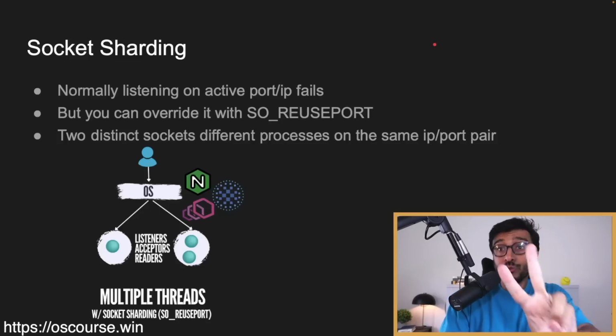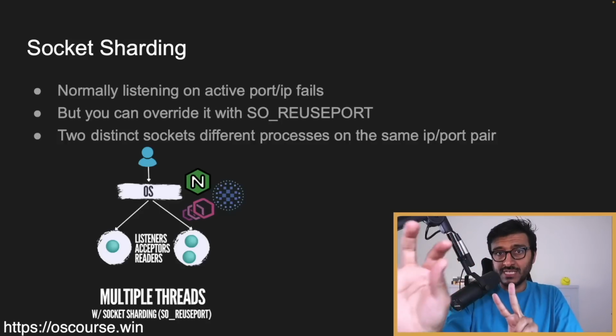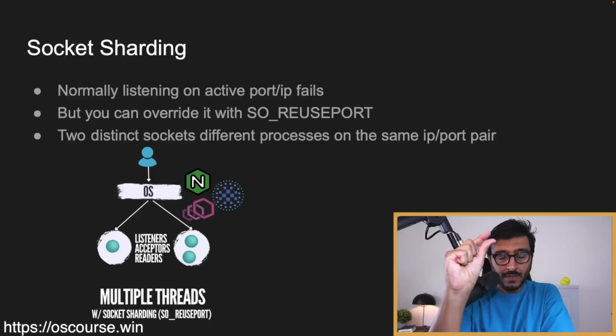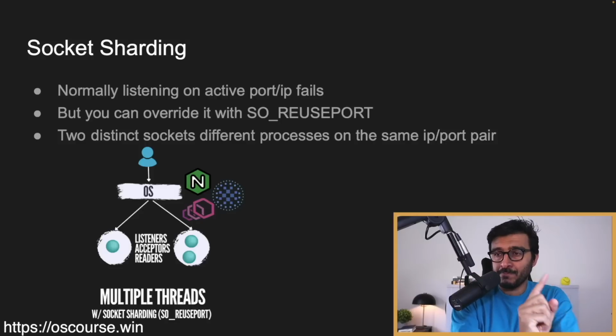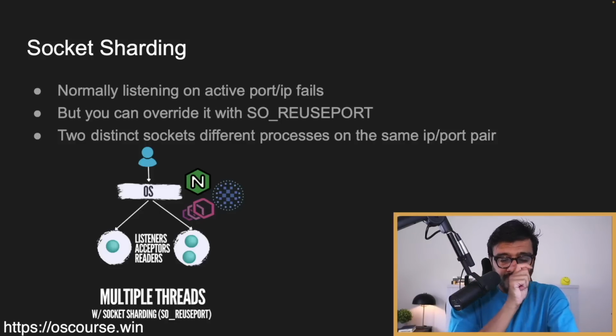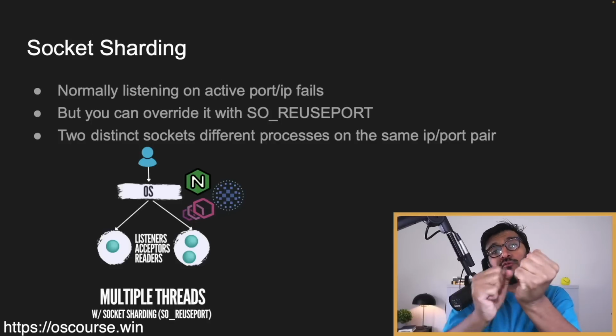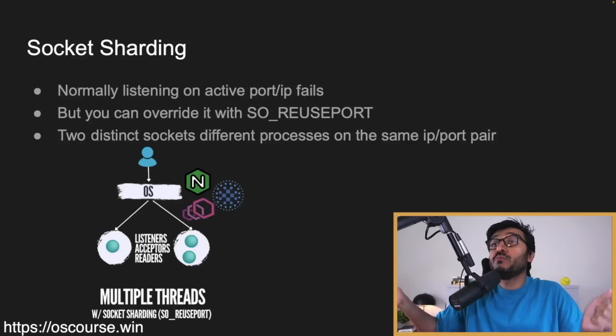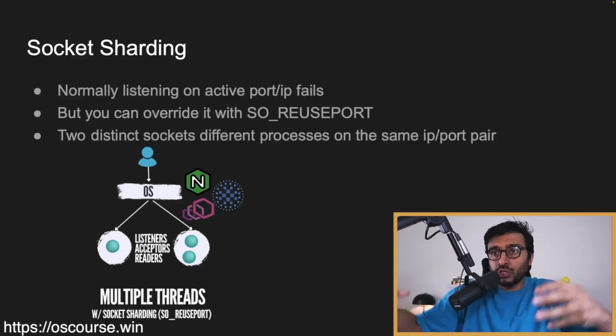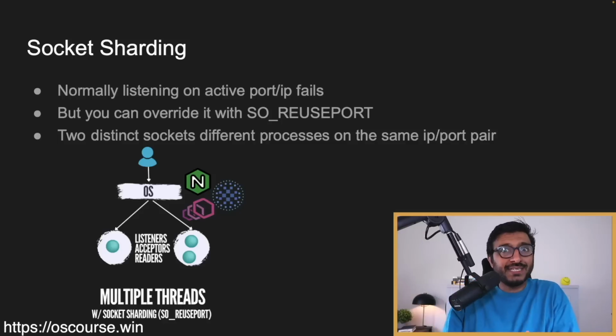You have two sockets pointing to the same IP port pair listener, versus the other approach where you have a listening socket and you fork the process to get a copy of the file descriptor, which happens to point to the same logical physical socket.